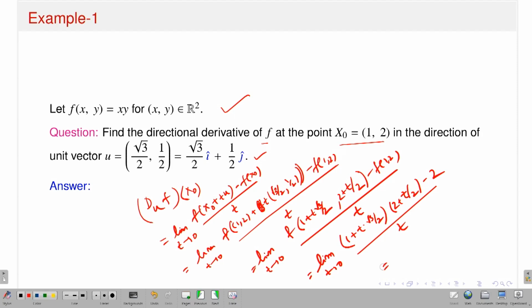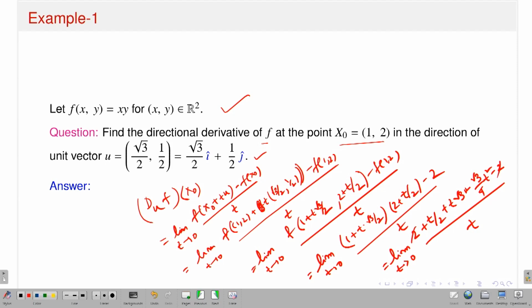Do the algebra. What will happen? This is the limit as t approaches 0 of 2 plus t by 2 plus t root 3, plus root 3 by 4 times t square, minus 2. Do the algebra, that is it.